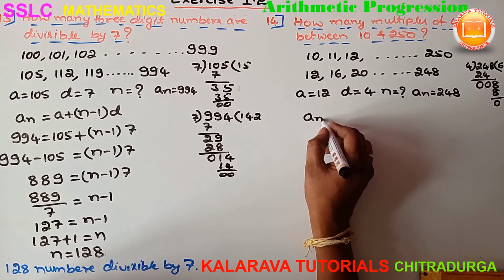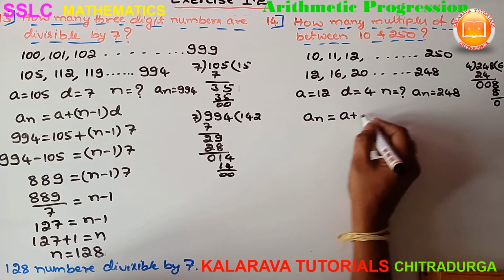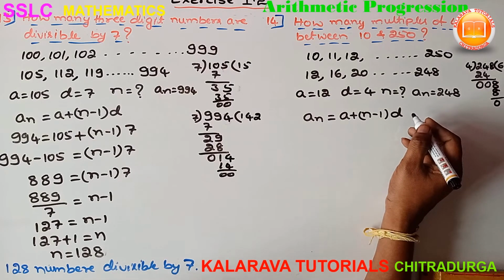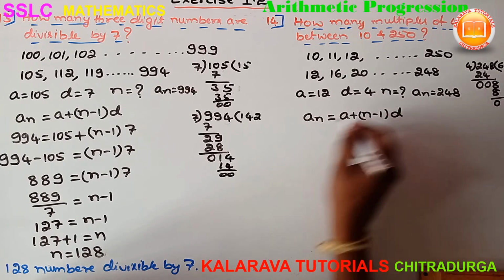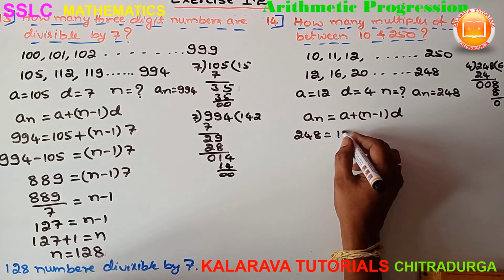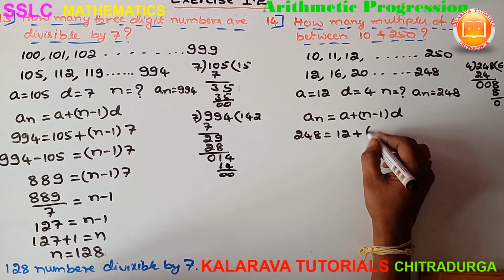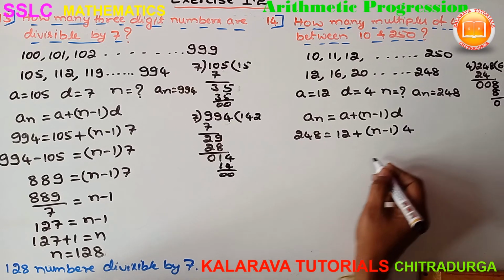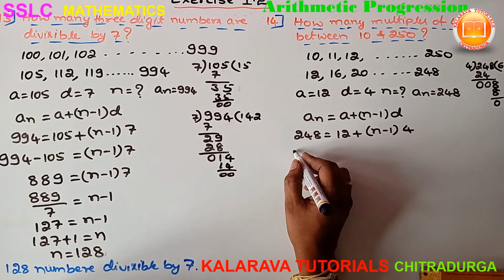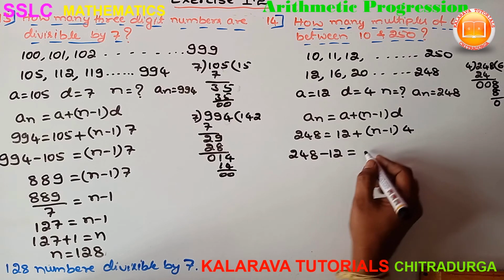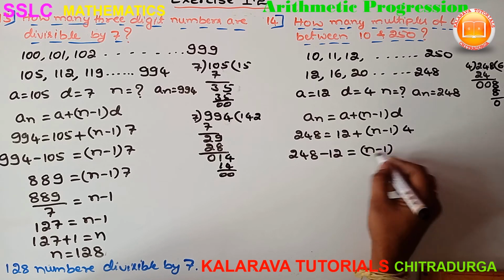By taking the formula an is equal to a plus n minus 1 into d, substitute the values: an is 248, a is 12, n we don't know, we have to find this, and d is 4. Now we have to transfer 12 to the left hand side. That means 248 minus 12 is equal to n minus 1 into 4.